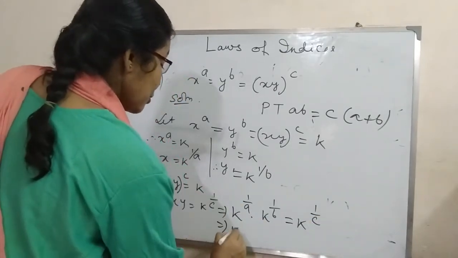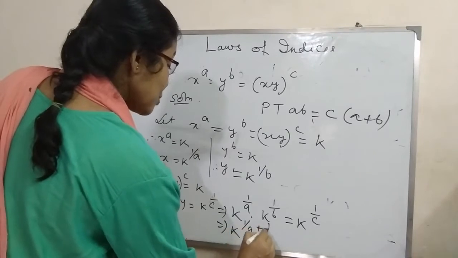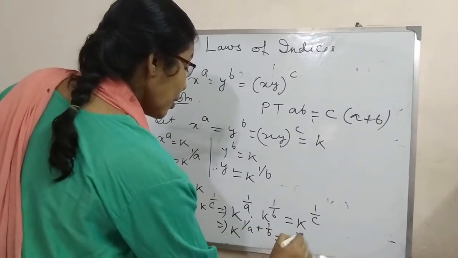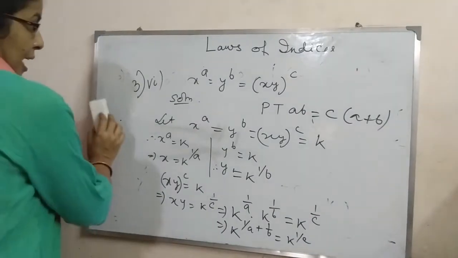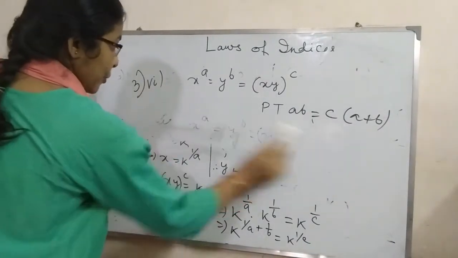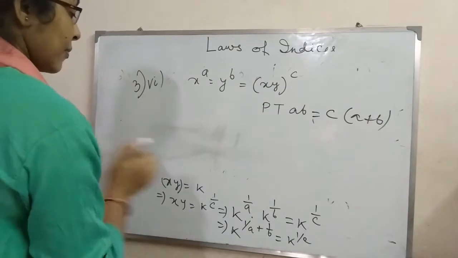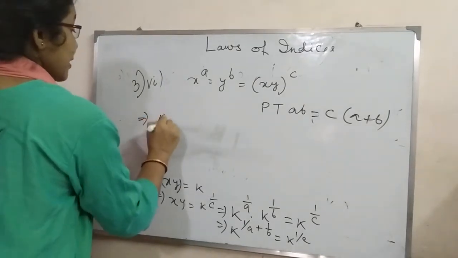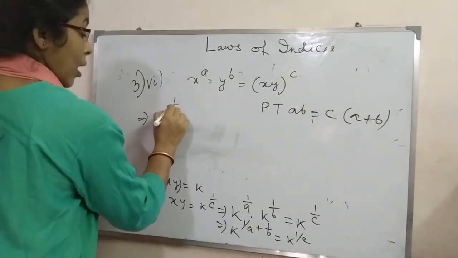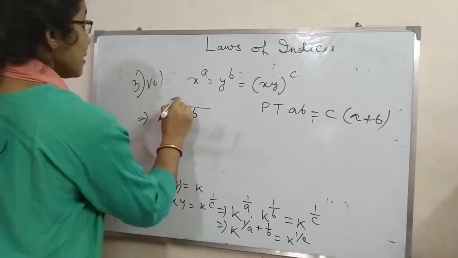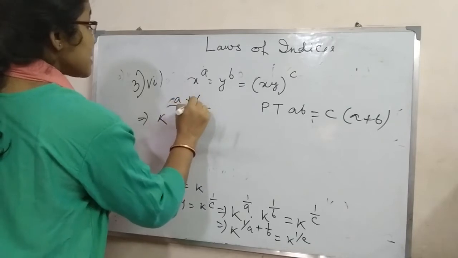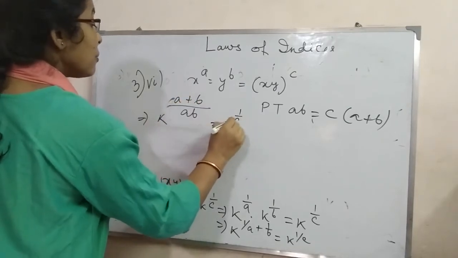That is equal to k to the power 1 by a plus 1 by b equal to k to the power 1 by c. And after that I will write k to the power (a plus b) by ab equal to k to the power 1 by c.